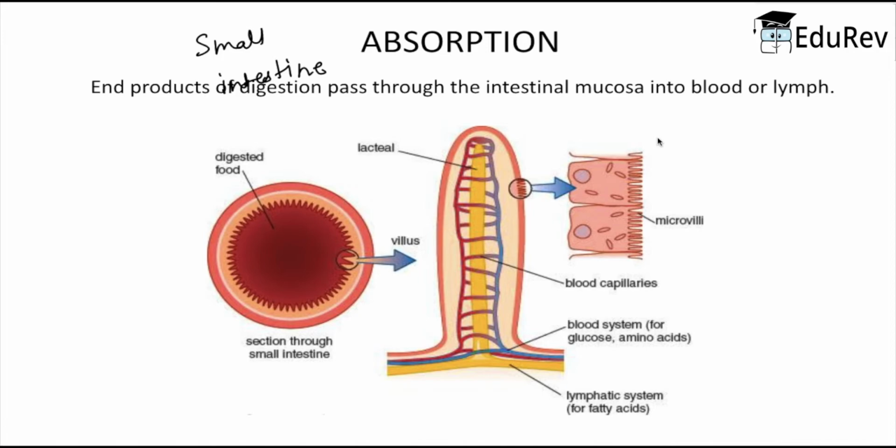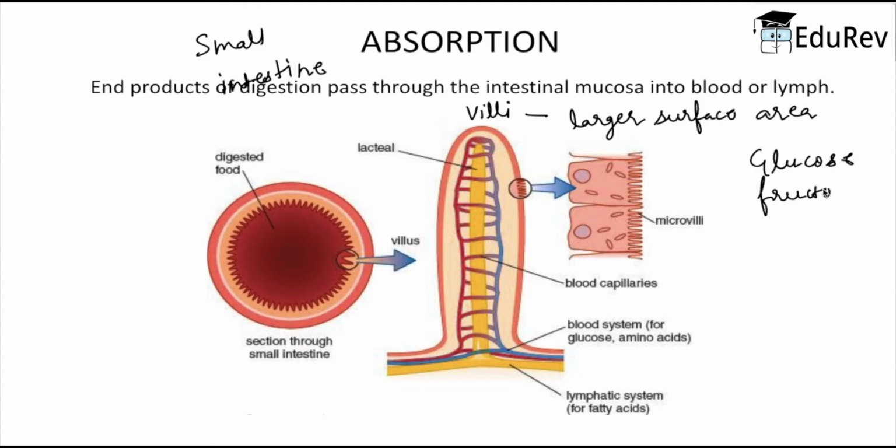Basically it is because of the villi, the structure present on the surface of the small intestine, which provides the small intestine with a larger surface area through which the maximum absorption of nutrients like glucose, fructose, amino acids, and electrolytes takes place, and also these nutrients are transported directly inside the blood.